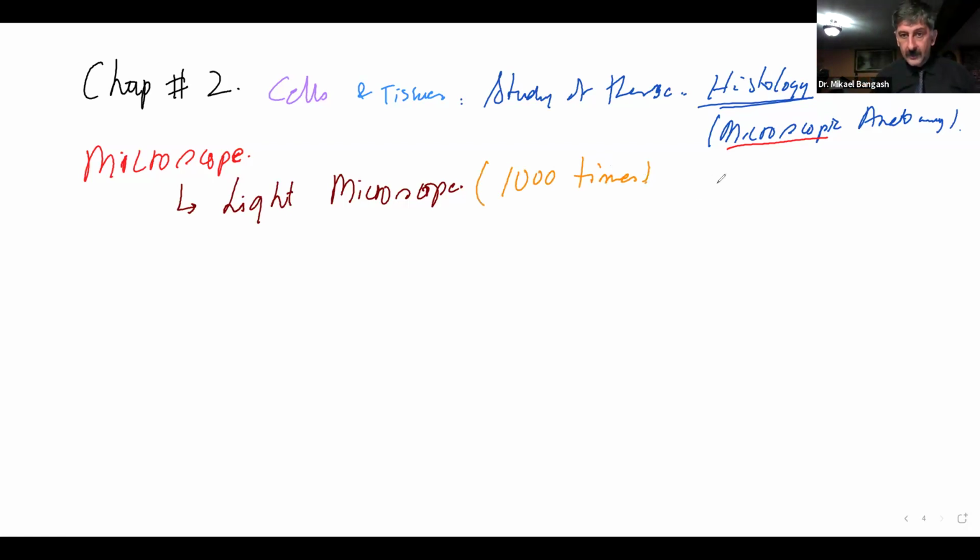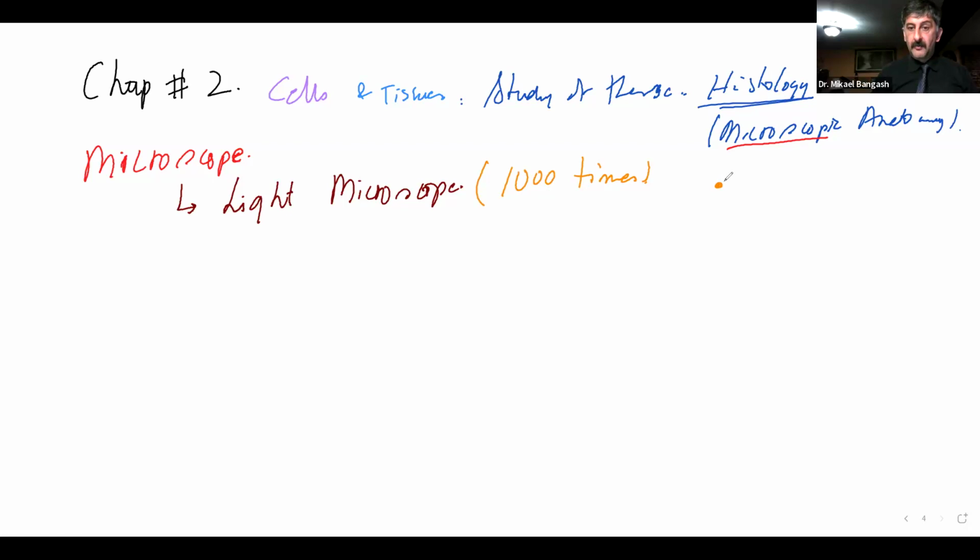So if we had a dot like this, and we want to see this dot through a microscope, it can be magnified up to 1,000 times.